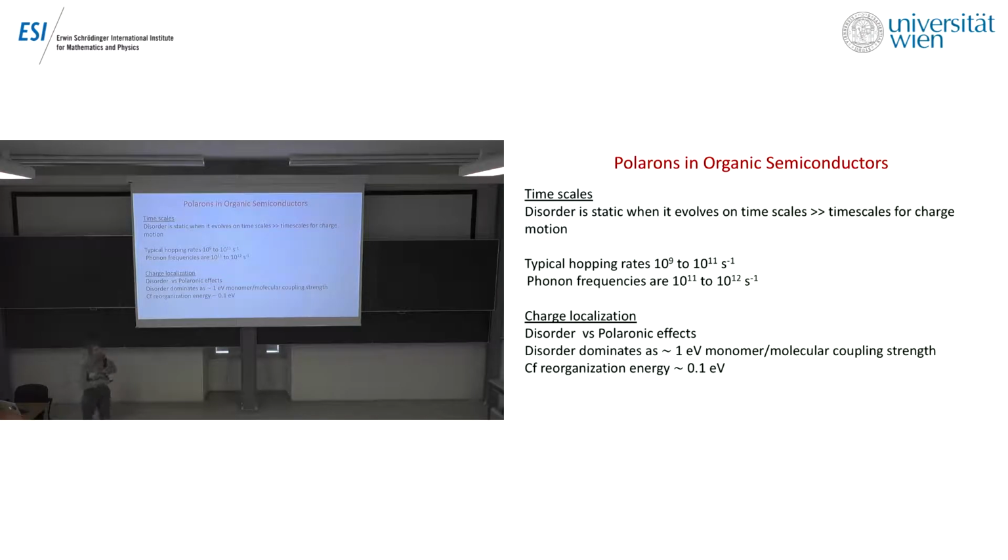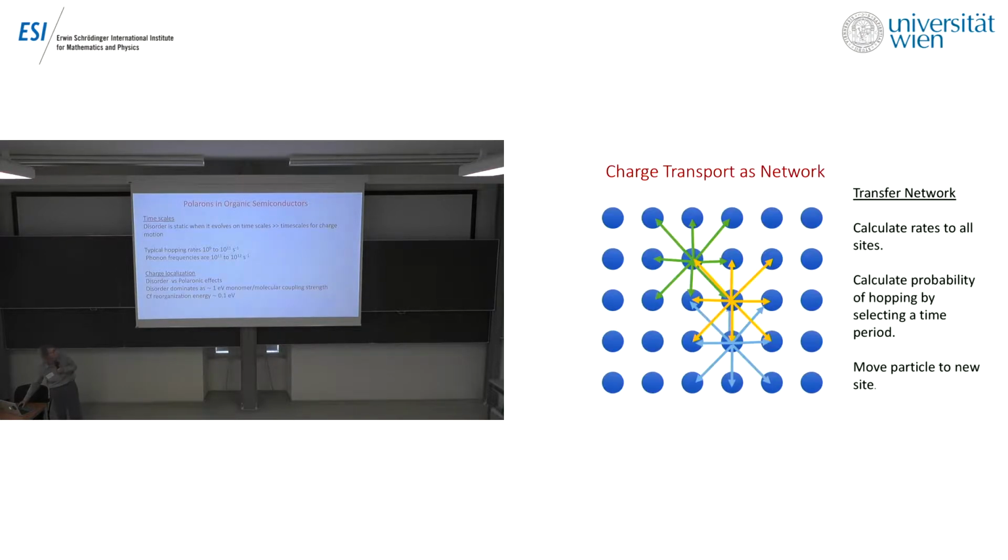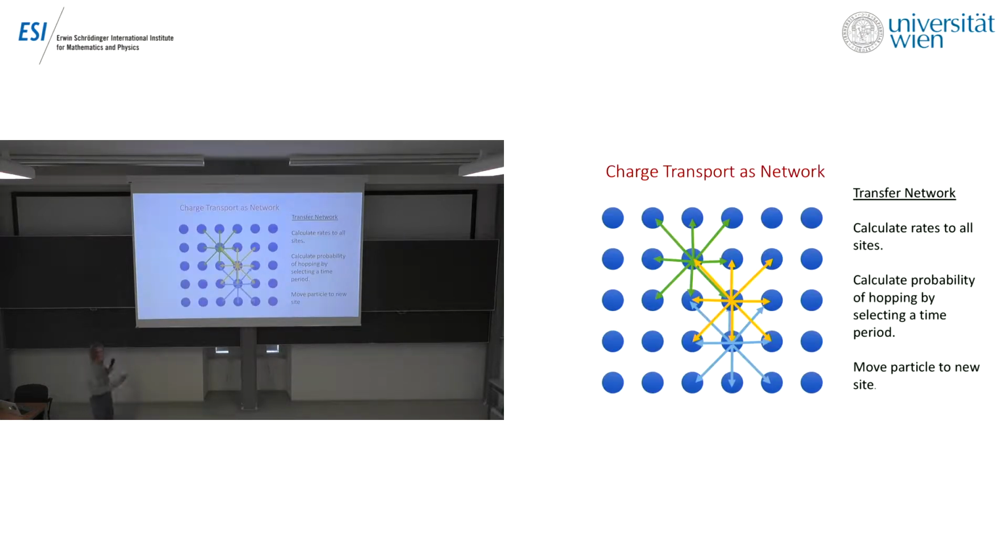Because the energy associated with the changing of molecular conformation is about an electron volt, compared with the reorganization energy, which appears in Marcus theory, of about a tenth of that, which is what determines how the charges relax in the molecule. So this is a picture due to my graduate student, Alex Smith, who, nicely for him but sadly for me, recently got his PhD and has now moved on to MATLAB, to math work.